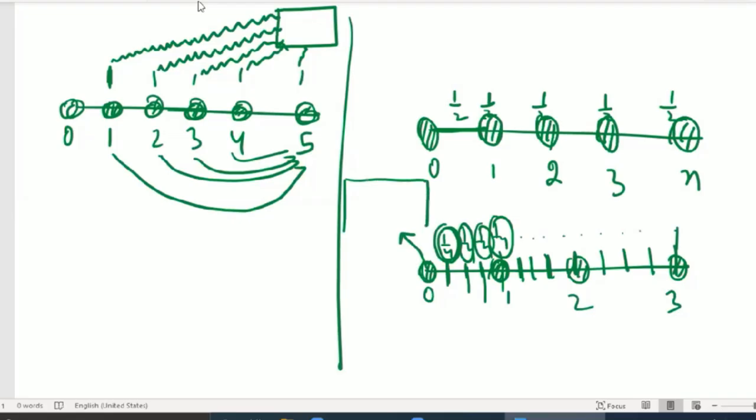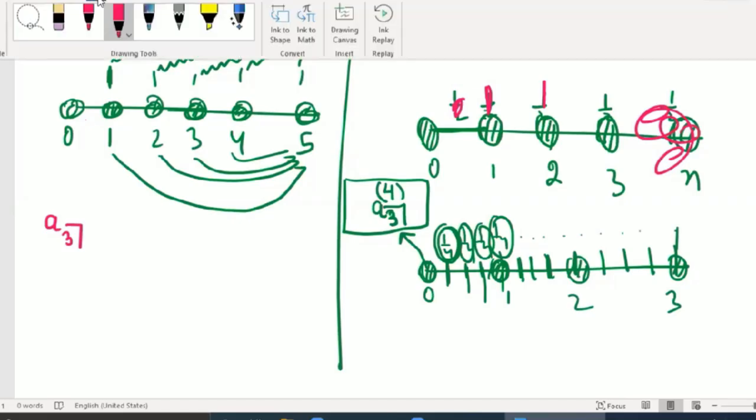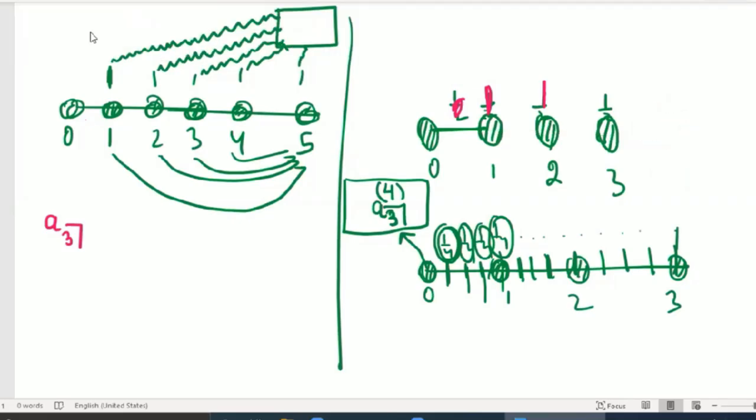In annuity notation, 1 lakh into a 3 (4). Yes, correct. So it's like this. First is A3, this one is for 3 years, and the payments are yearly, 1, 1, 1.